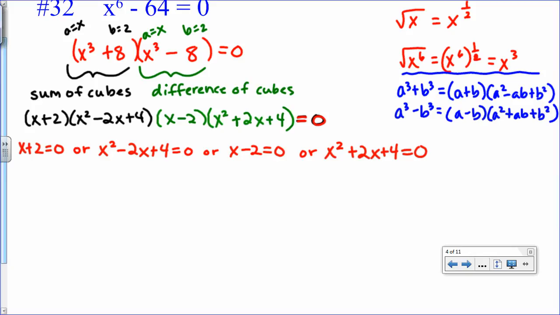Okay, so here it's easy. It's just x equals negative 2. This one's easy. X equals 2. So there's 2 solutions.